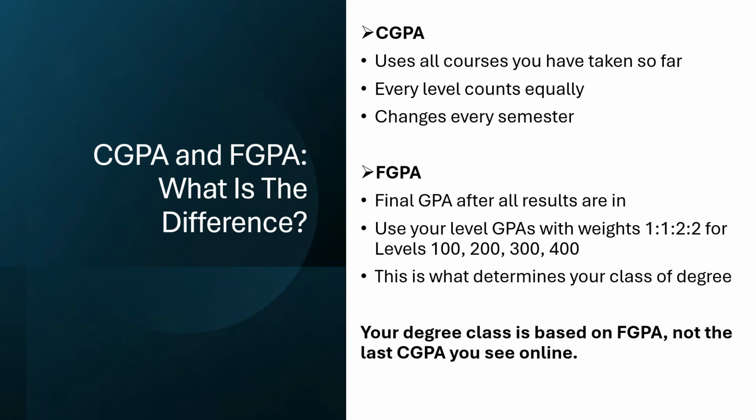The 200 is going to be by 1. Level 300 is going to be by 2. Level 400 is going to be by 2. So this is what determines your class of degree. So this is what is going to determine your first class, your upper, your lower, your third class. So your degree class is based on your FGPA, not the last CGPA you see online.